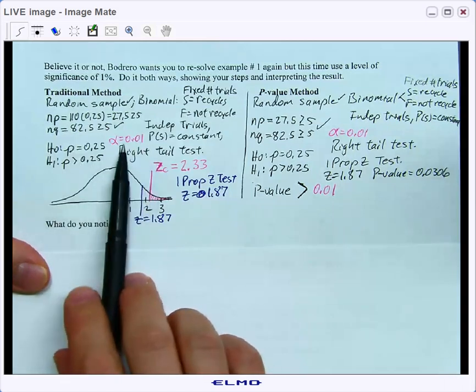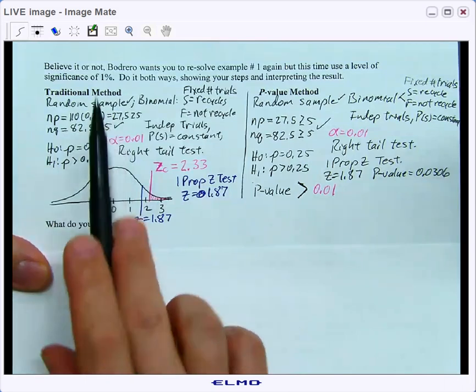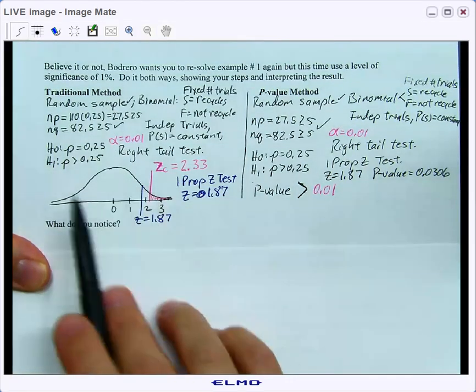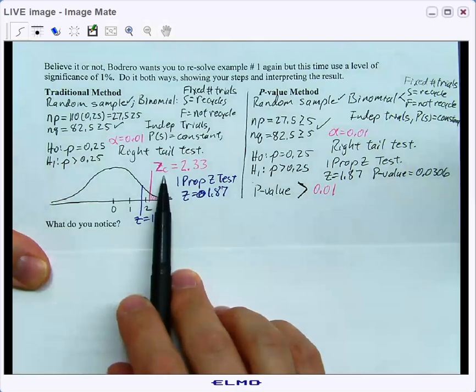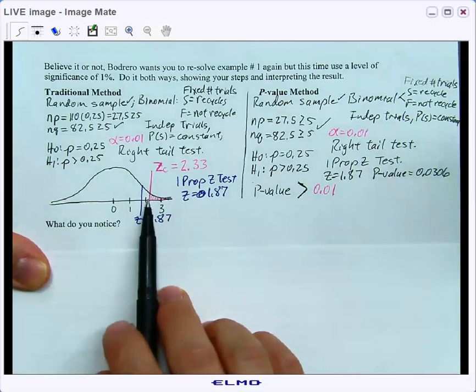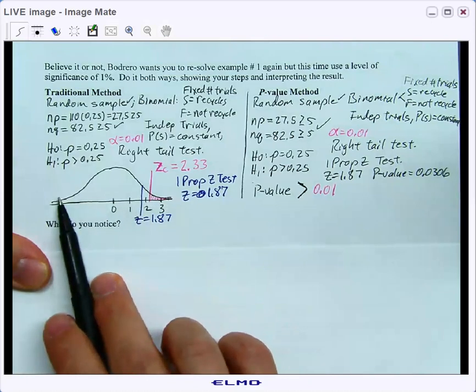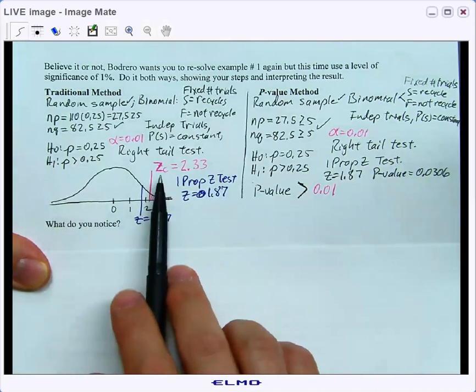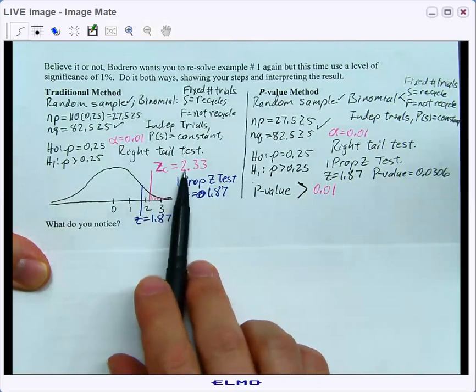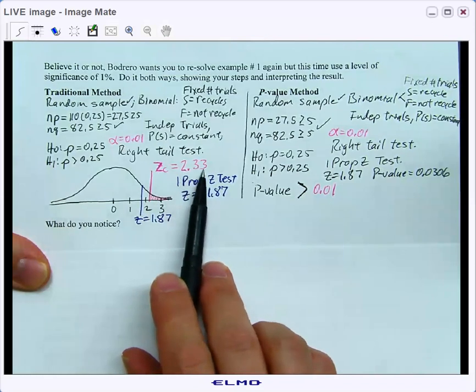Our level of significance now 1%, and we draw our picture, find our critical value. And our critical value to give us 1% to the right means 99% to the left. And on our z-table, 99% to the left is a z-score of 2.33.